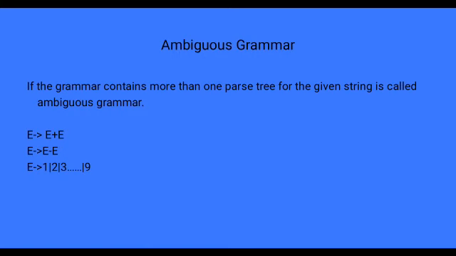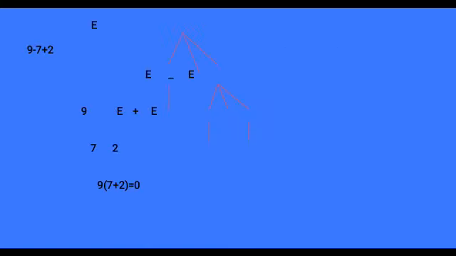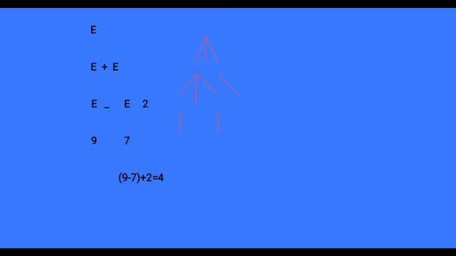That means parenthesis open, 9 minus 7, parenthesis close, plus 2. You get the result 4. I tried here but by mistake it is corrected, I think. Once again I submit these 2 results. Here you are seeing 9 minus 7 plus 2, you got 4.